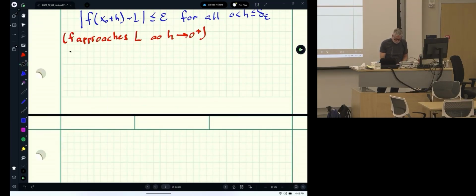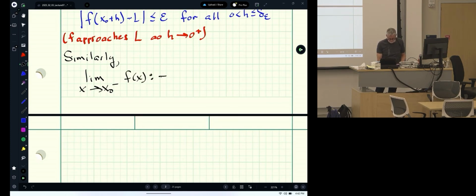And similarly, the limit as x approaches x0 from the left through smaller values of f of x.